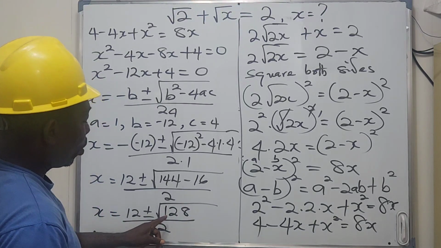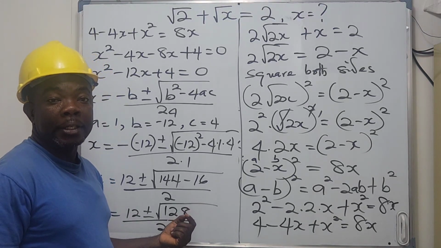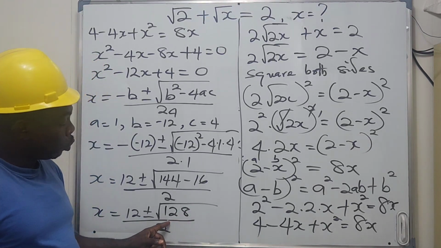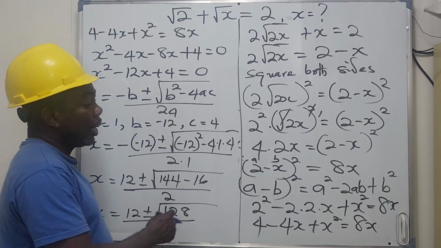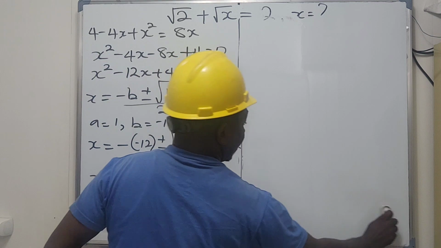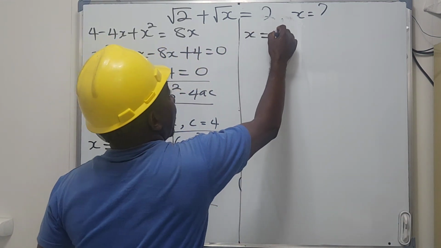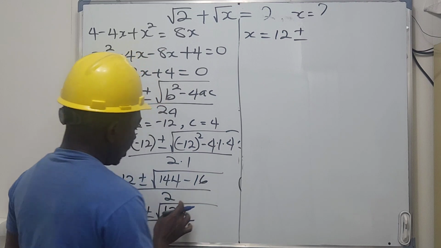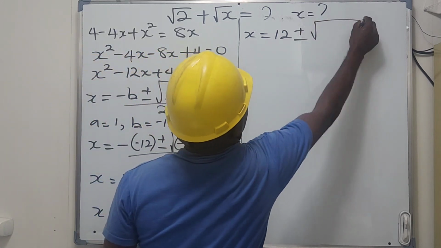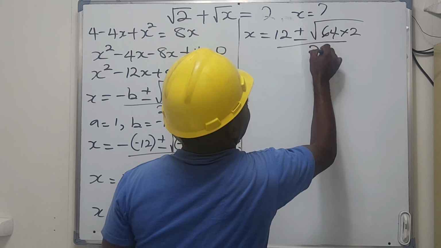So in this case, 128 has a perfect square in its factors, where we have 2 times 64. So in that case, we need to further simplify that, as the value of x will turn out to be x equals 12 plus or minus root 64 times 2 all over 2.